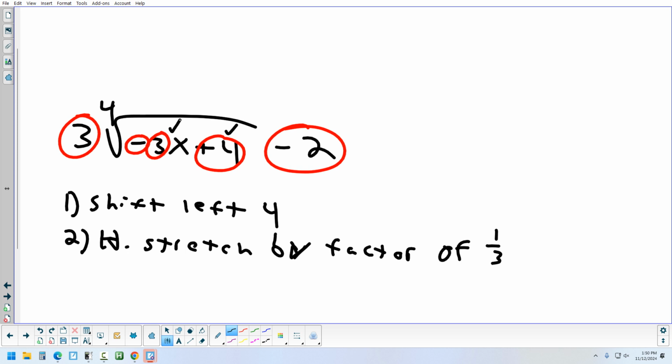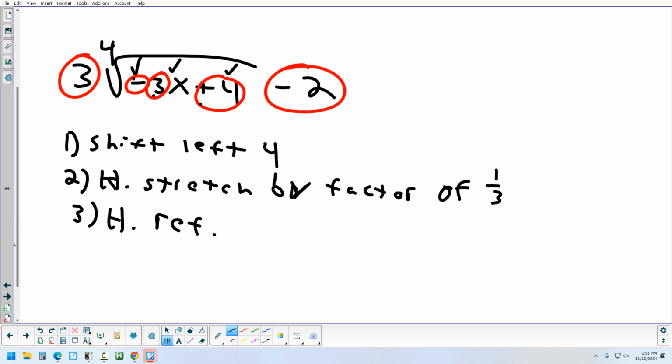What does the negative in front of the B do? It means it's a horizontal reflection. So you did your horizontal, horizontal, horizontal. All the horizontals are done. That came from the A, and the B does 2 things. What's the next letter we look at? C. Is there a number in the C spot? Vertical stretch.